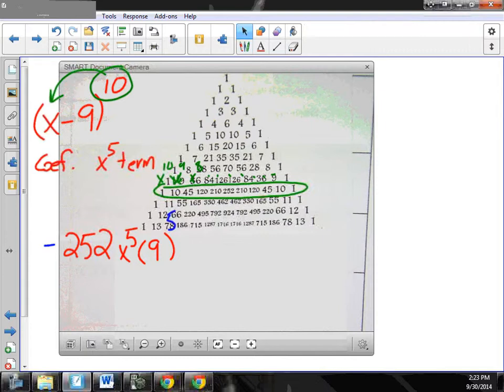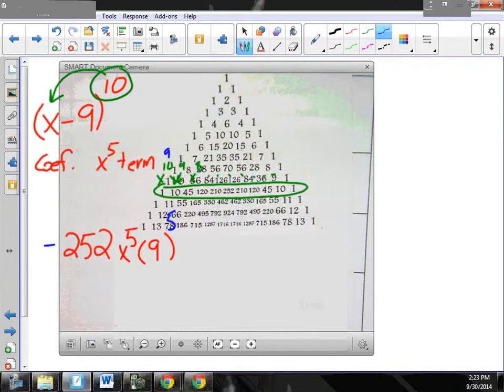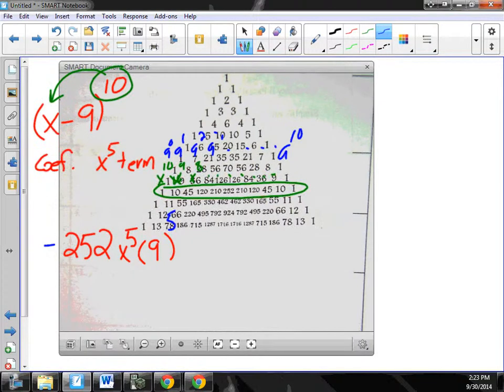And then I would put 9 to the 0, 9 to the 1, 9 to the 2, 9 to the 3, all the way up to 9 to the 10th. So if you're just looking for the coefficient, then you basically find the term, and the answer is just the number in front.